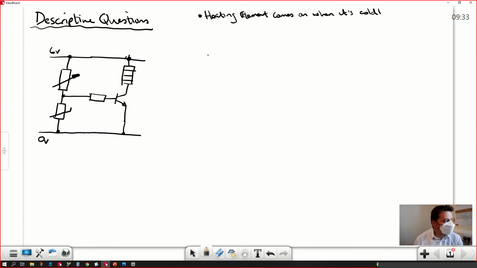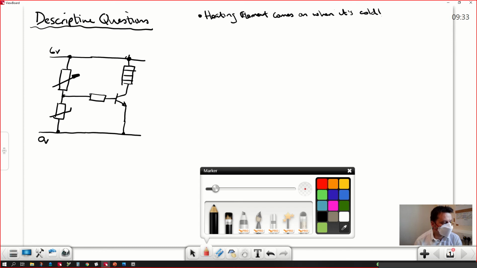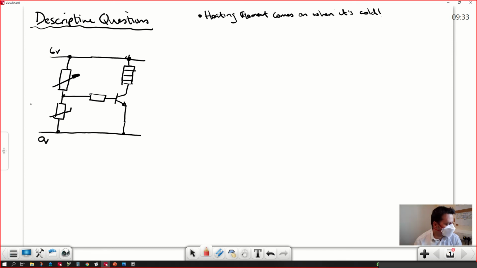You're going to need more detail than that. You're going to need to go through that process of describing the operation of the input sensor. When temperature goes down, the resistance of the thermistor goes up, making sure you get those the opposite way around. Those arrows always are the opposite way around when you're dealing with thermistors or LDRs, light dependent resistors.